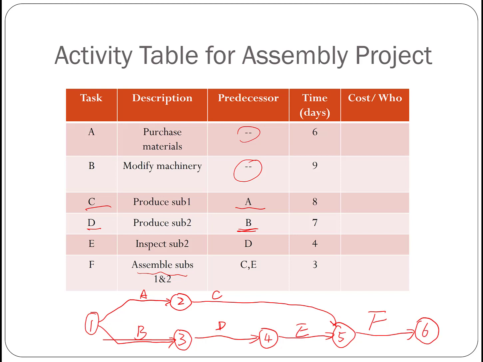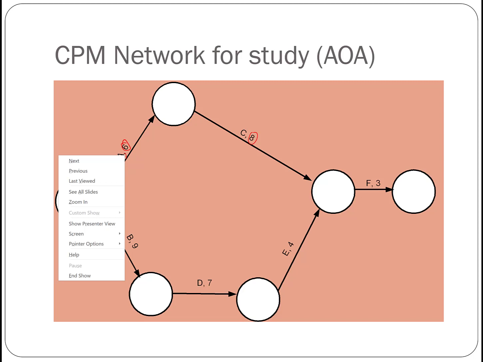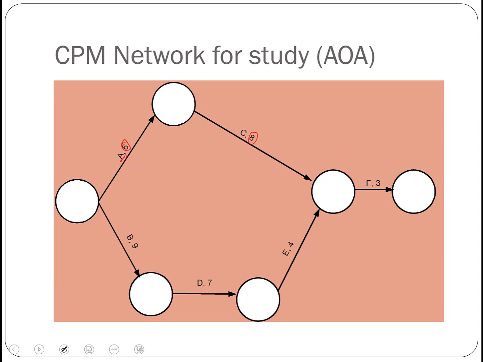Okay, so you see it's pretty easy to come up with this network. And to put it in a nicer way, this is the network, and also we have the activity durations written after our activity. So the way to write it is the activity name, the A, and the comma, the duration of the activity.